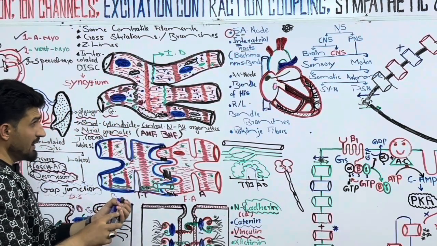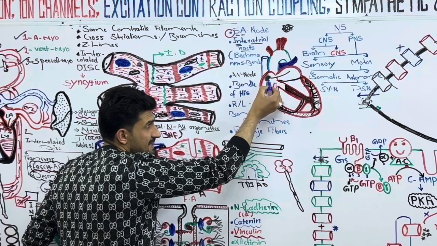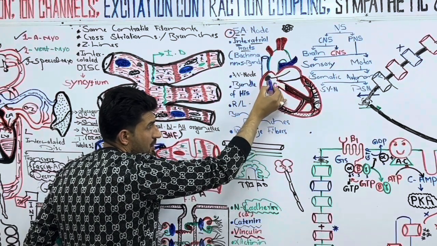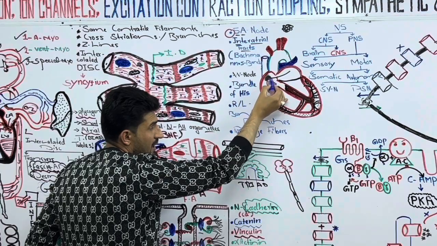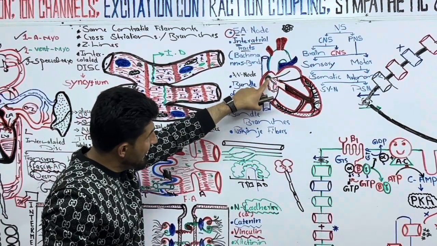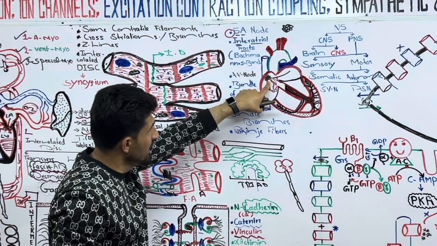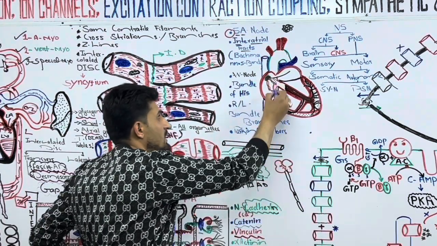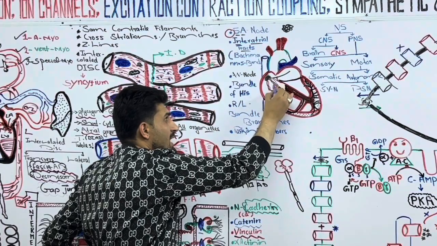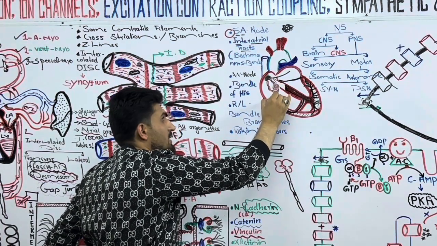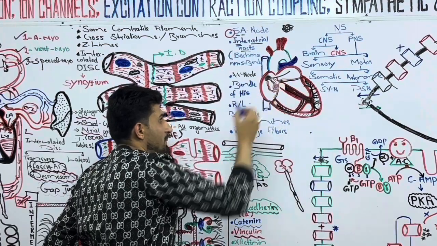Another pathway comes from the SA node to the AV node, and this pathway is called the internodal pathway because it is between two nodal cells. Here we have the AV node, located in the right atrium superior to this fibrous ring.